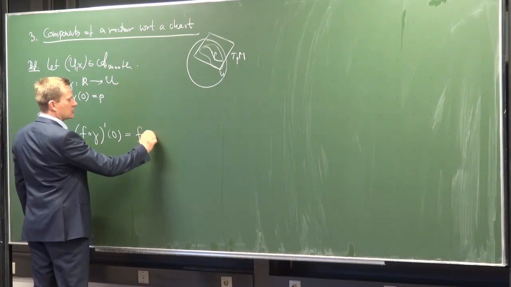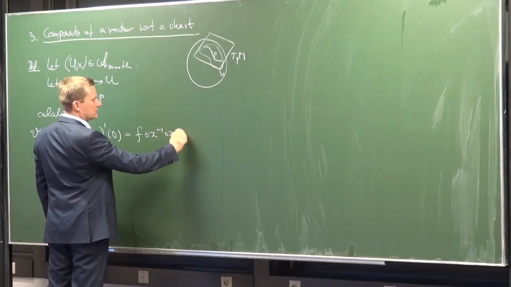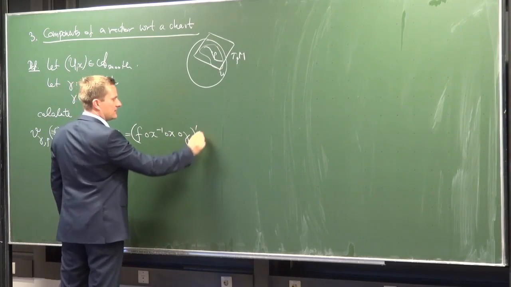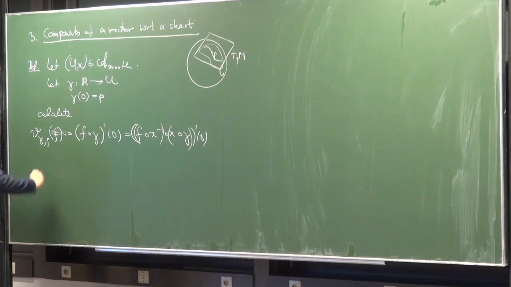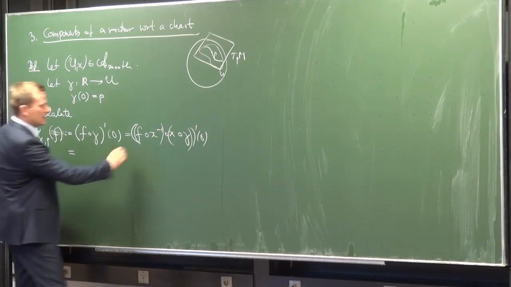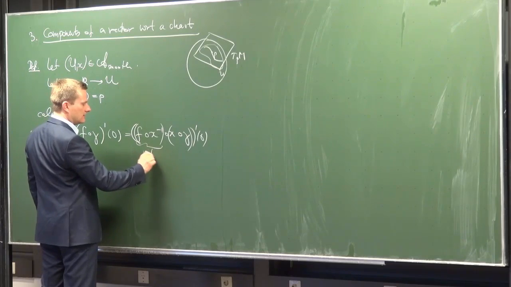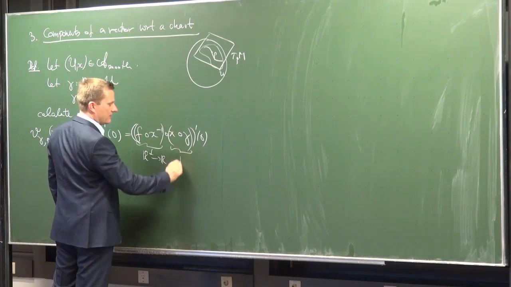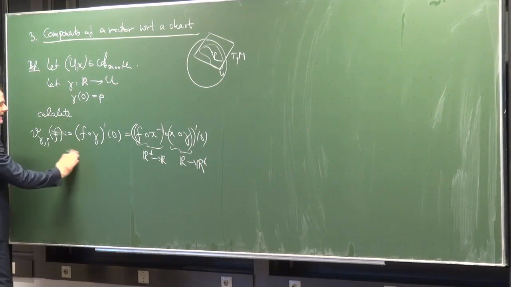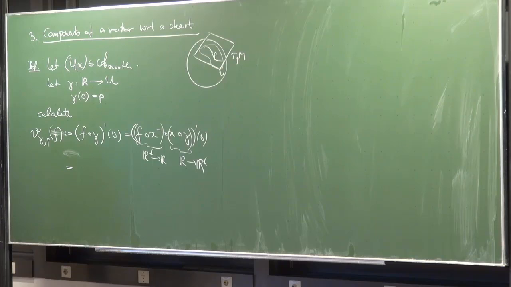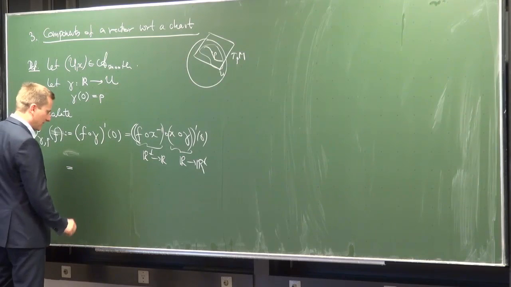Now we insert our chart just for fun, in order to get it into the game. We have this at 0. We re-bracket like this. You see, it's always the same calculation. That's why one can do them. And here you have a map from R^d to R, and here you have a map from R to R^d, or always portions of R^d. Now we do the chain rule as before, but now let's look at another aspect.